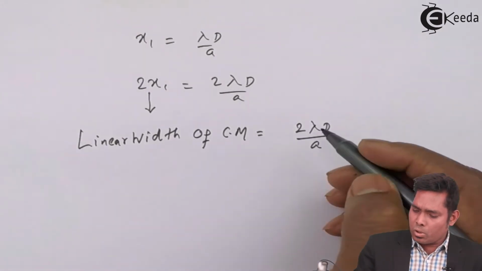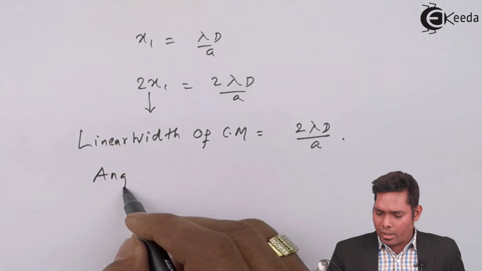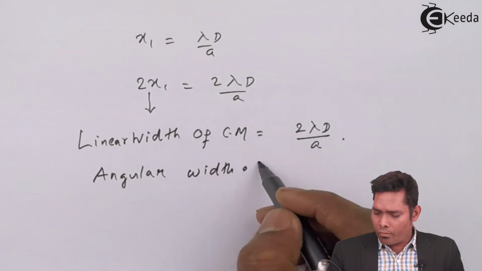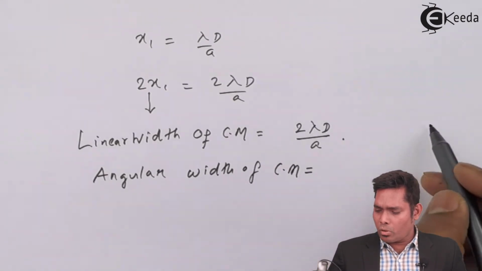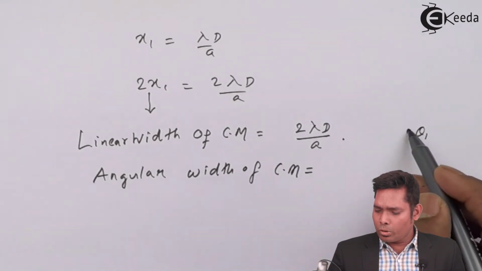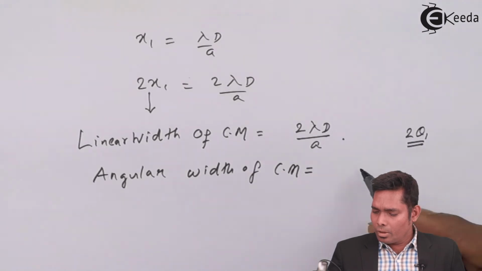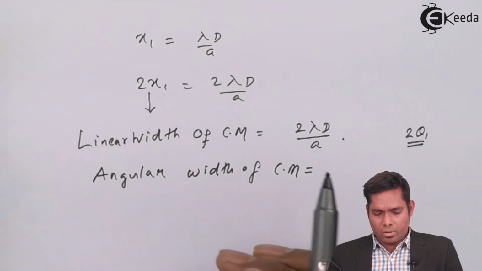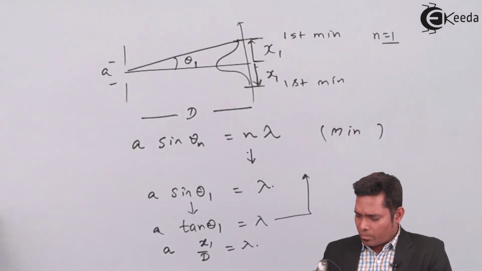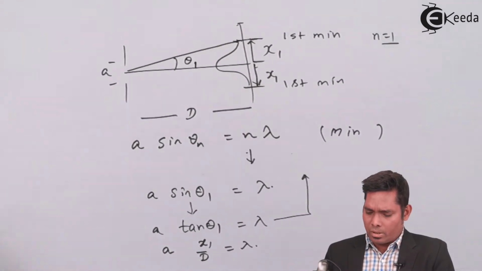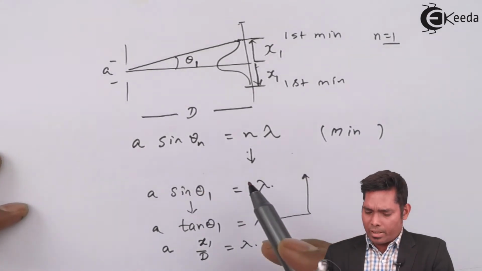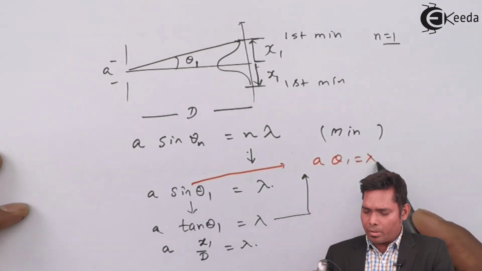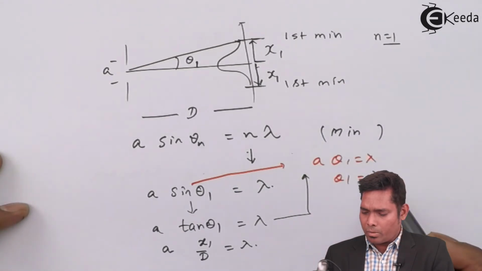And if it is asked to find the angular width of central maxima, that means it is talking about finding theta 1 to theta 1. Then theta 1 is obviously lambda by A, which we have already got.